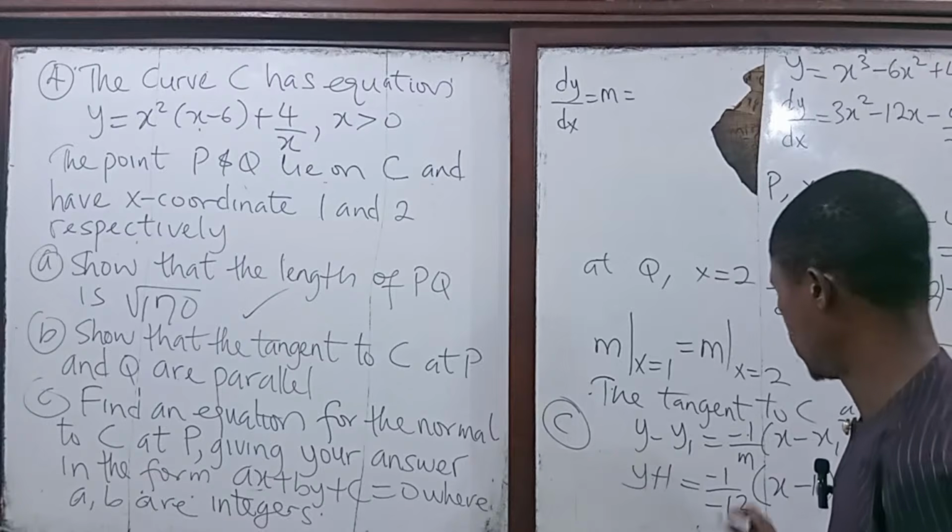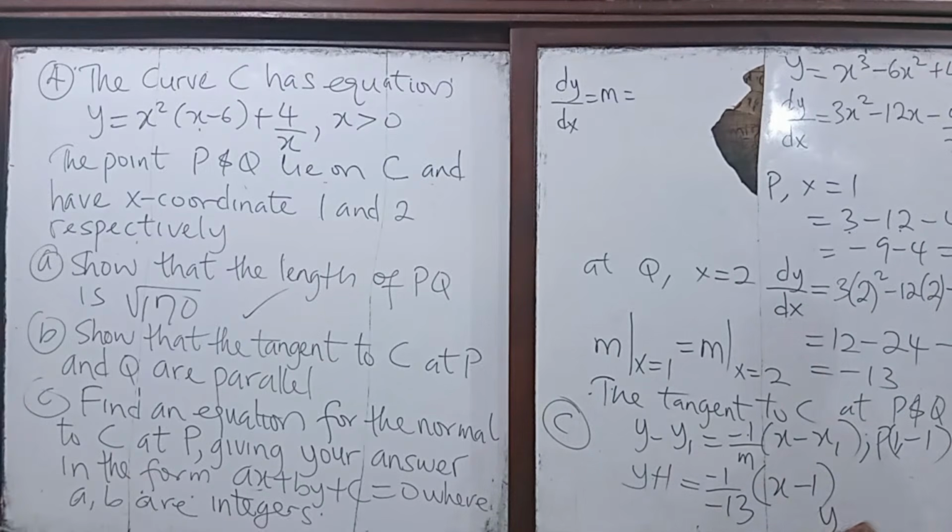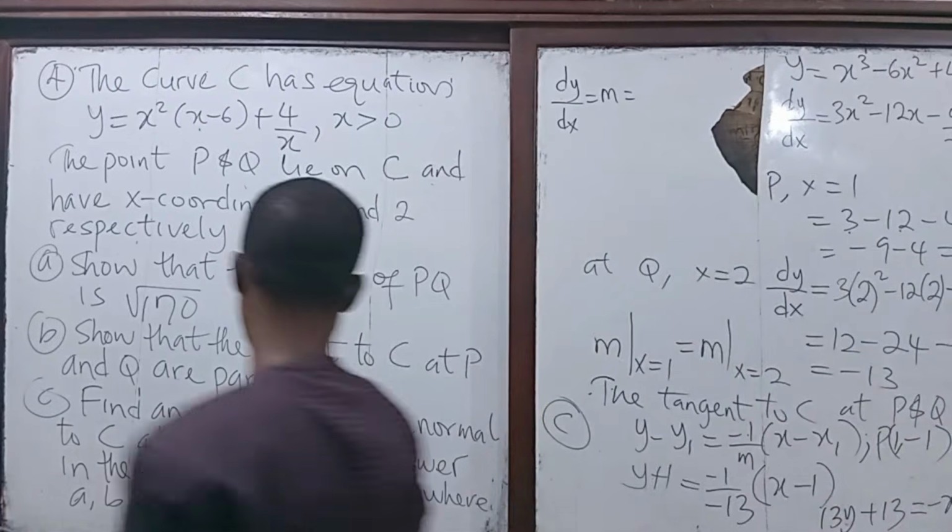Okay, so the minus signs cancel. Multiplying through by 13, that will be 13y plus 13 equal to minus 1 times x, that's minus x minus 1 times minus 1, that's a plus 1.